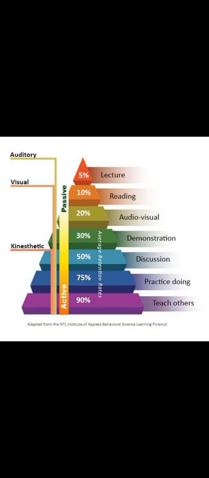And the next point is practicing. It is the most important: when you read, when you use audio-visual, when you watch a demonstration, when you discuss, but do not practice, there is some problem. With practice, your brain works 75%. The practical method refers to students performing tasks and activities in the classroom using information recently learned.